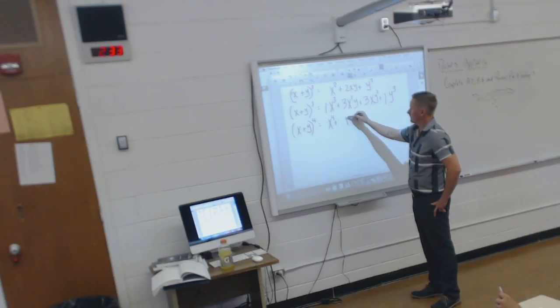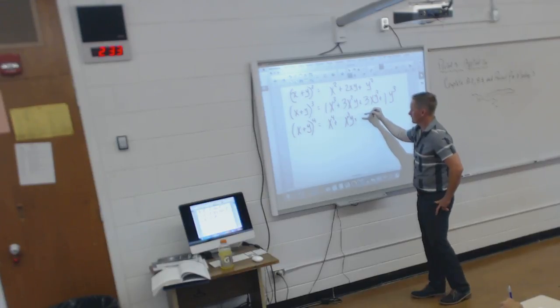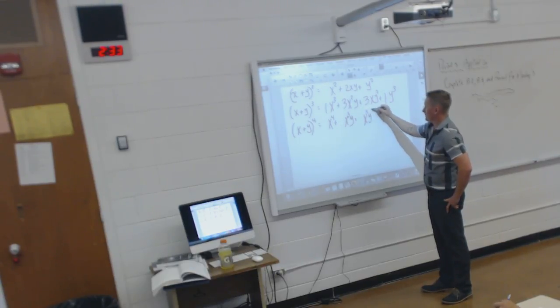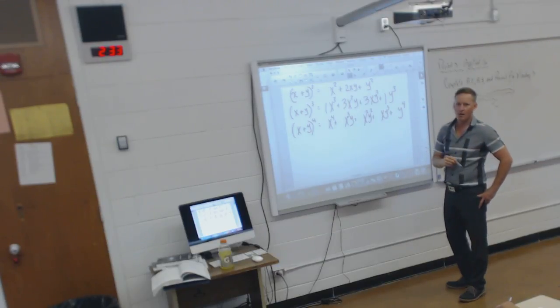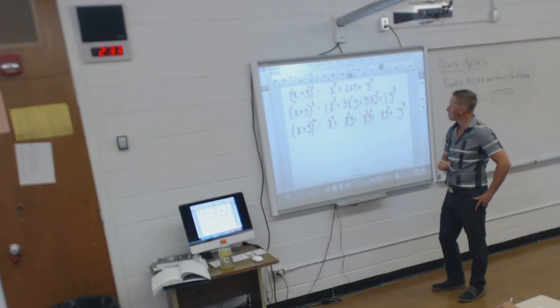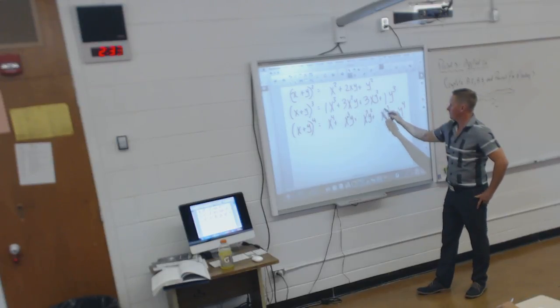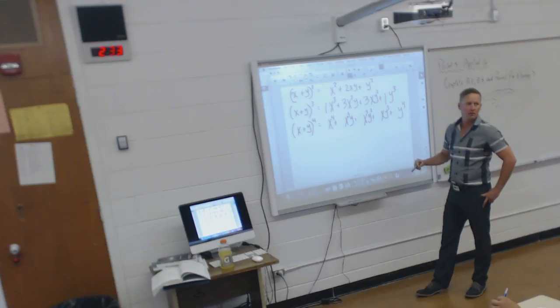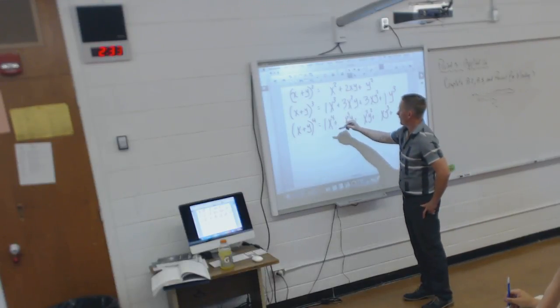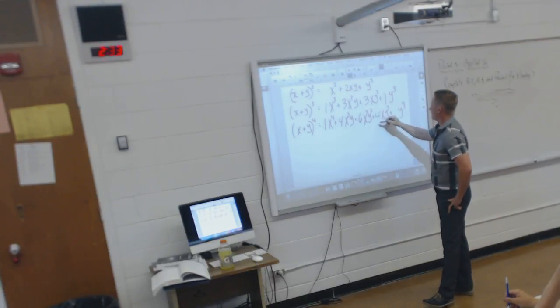The exponents on x go 4, 3, 2, 1, 0, and on y go 0, 1, 2, 3, 4. You follow this? Okay. So basically, it's just a pattern, right? And the coefficients are 1, 4, 6, 4, 1.